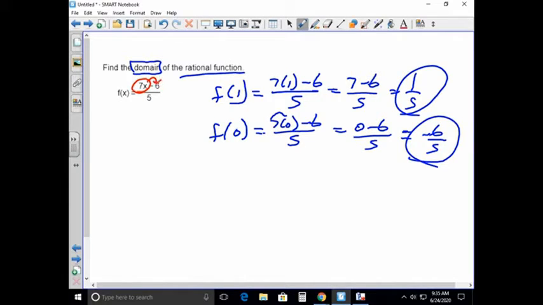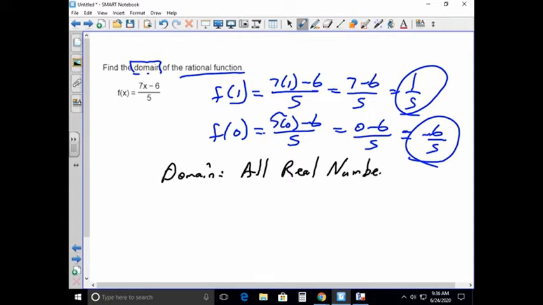Anything can have 6 taken away from it, and any number can be divided by 5. 5 might not go into it evenly, but it can always be done. So in this one, our domain is all real numbers.